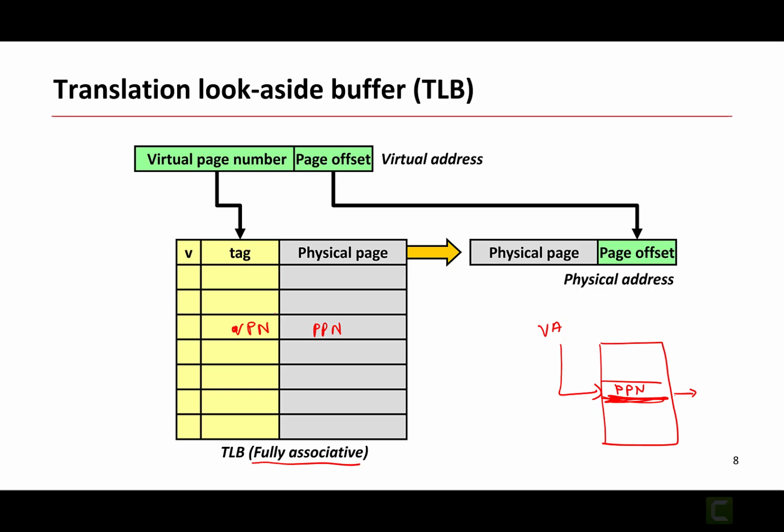Now, you may be thinking about what happens in the case of a multi-level page table. Do I cache intermediate state of the first level, second level, third level page table? Well, actually, the answer is much simpler. You don't cache the intermediate page table entries, you just store the final translation.